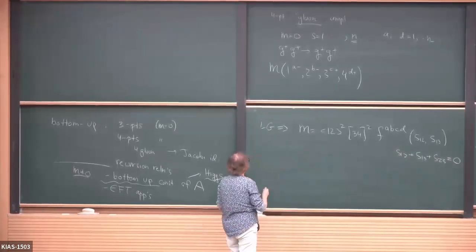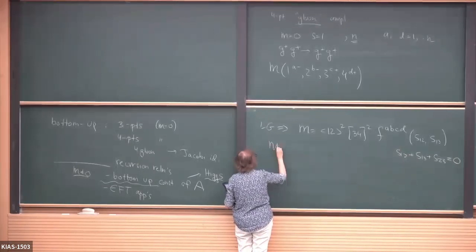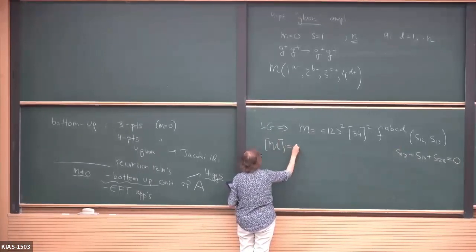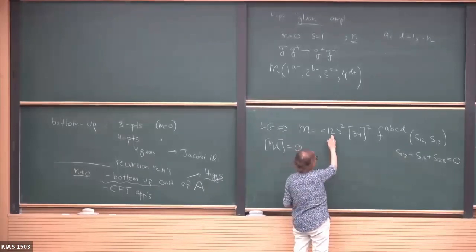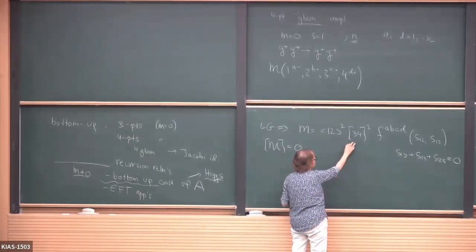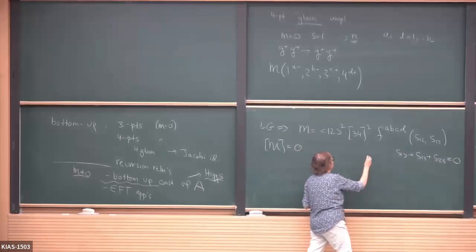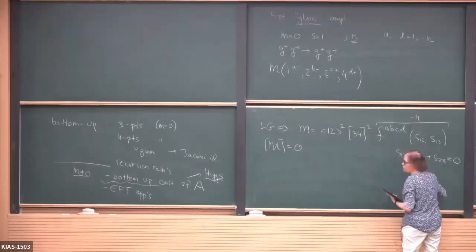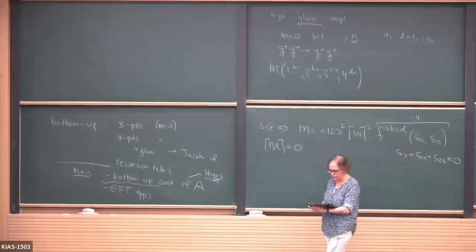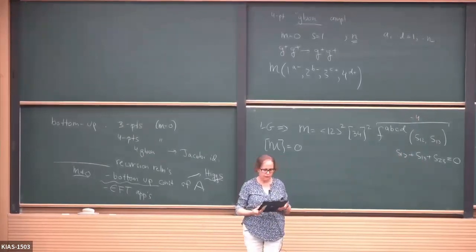Okay, now this is a 4-point amplitude, so its dimension is 0. And here we have 4 powers of these guys, so that means that the dimension of this f here is -4. So this is something that we're gonna use.